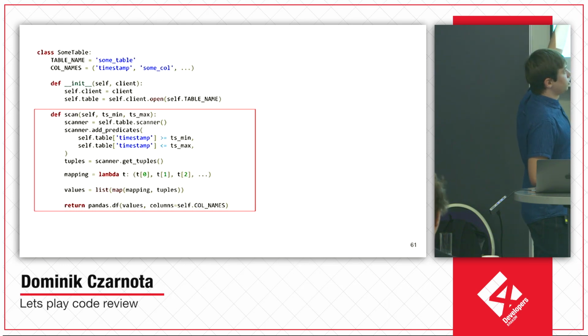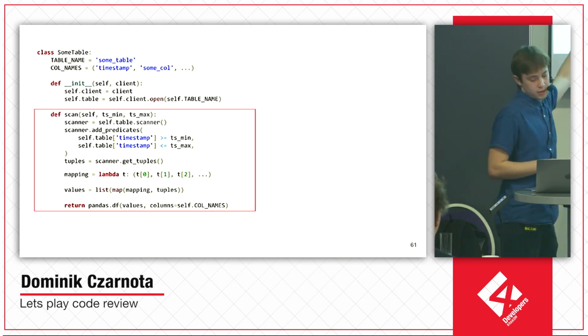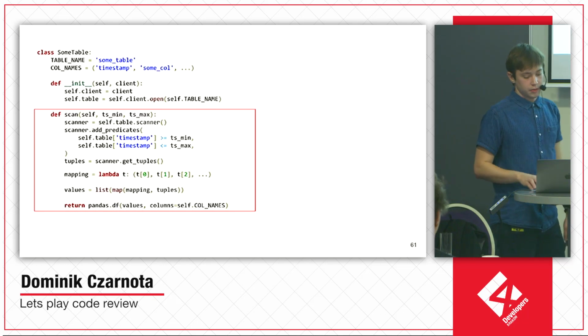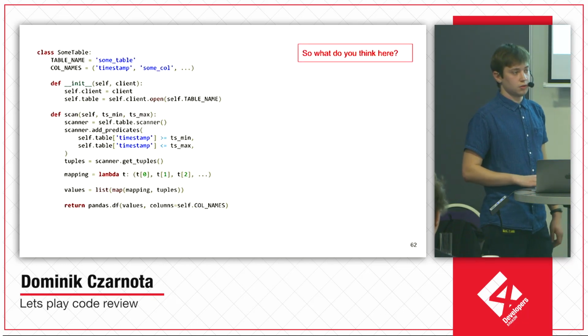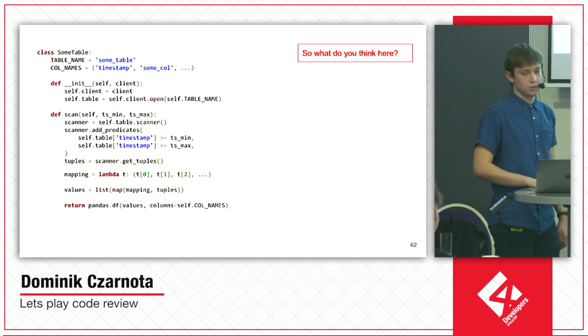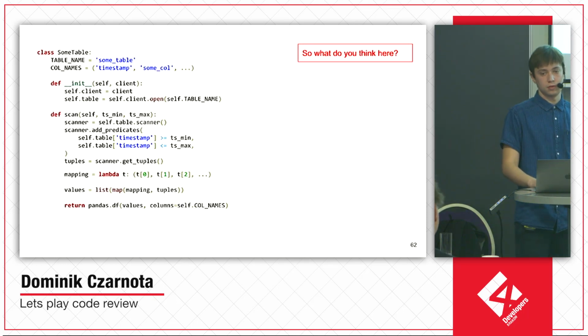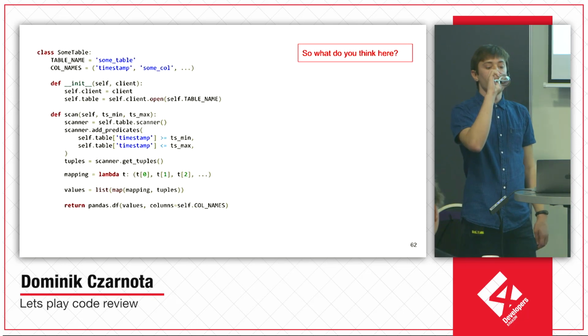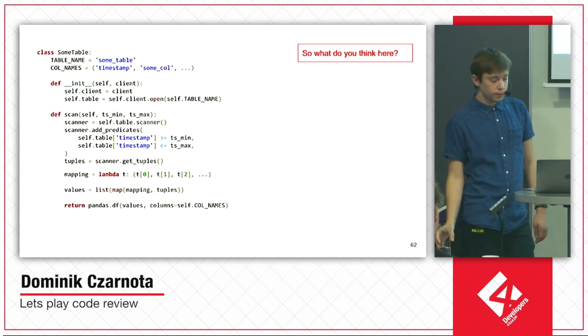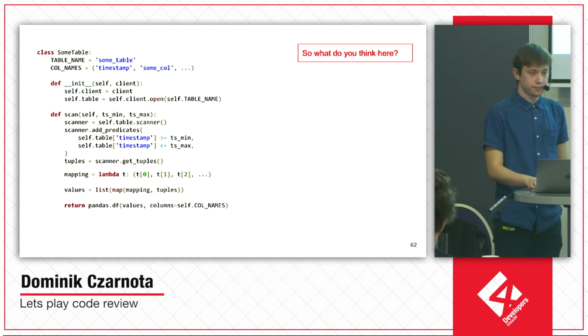This thing here could be written much more optimally, but let's not focus on that. But the thing here is, what do you think about this code? Is it good or bad? What can be improved? Any ideas?